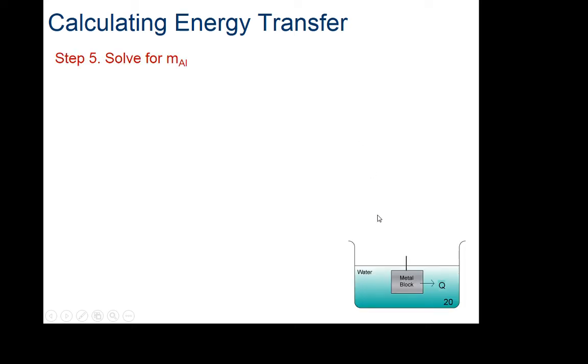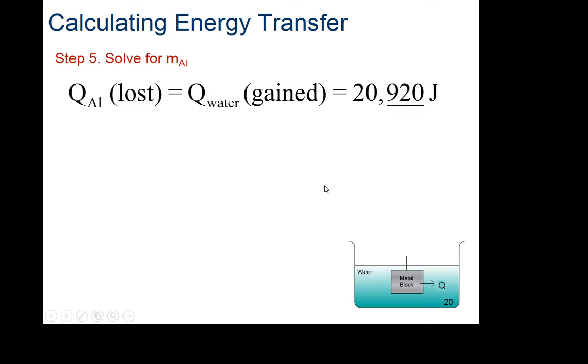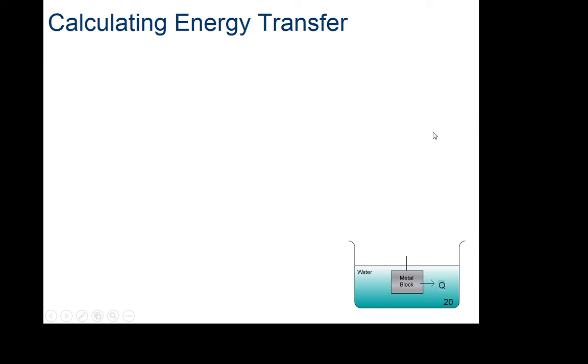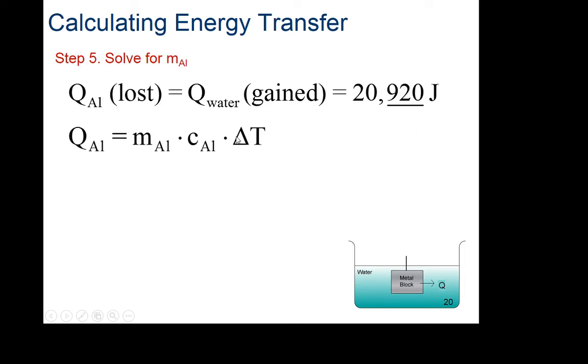Now we're going to set up the same equation, but we know what Q is because that's what the water gained. It's 21,000 joules, and evidently they rounded back here and they didn't round here. So anyway, now that we have Q, we already know the specific heat of aluminum, and we know how much the aluminum block changed.